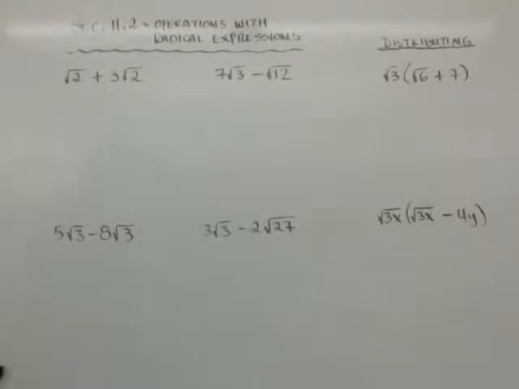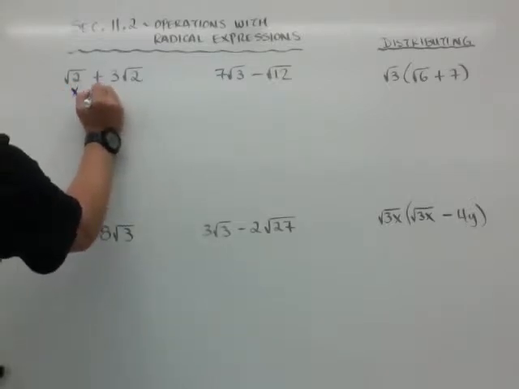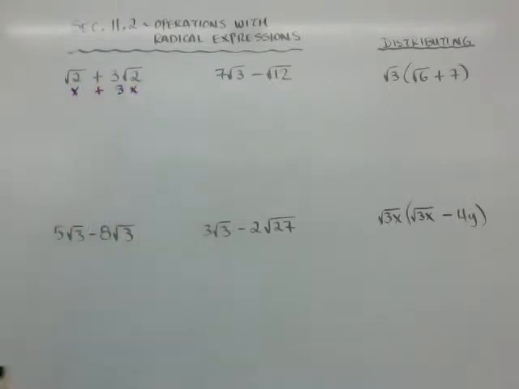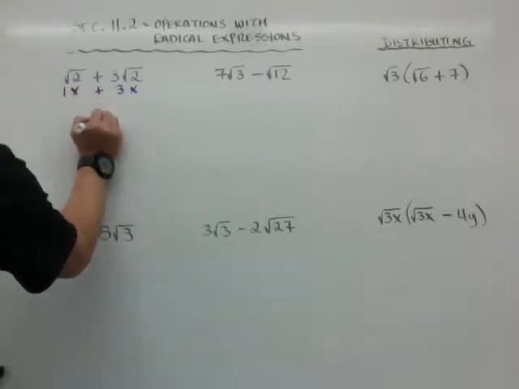Aloha gang, this is section 11.2, operations with radical expressions, or simplifying radical expressions. You can think of radicals as similar to variables in that if they're the same, you can combine them as like terms. For example, if this was x plus 3x, you would add your coefficients and get 4x.